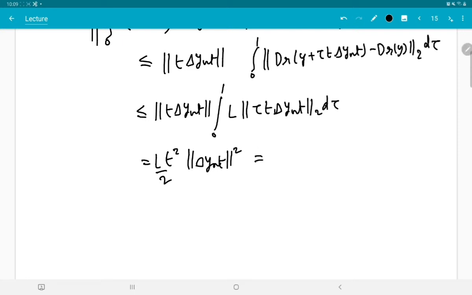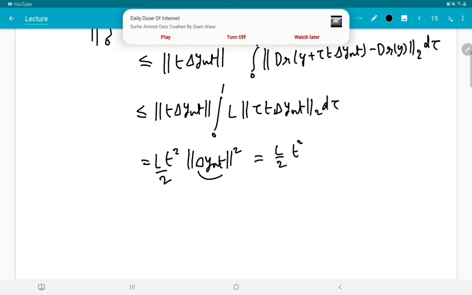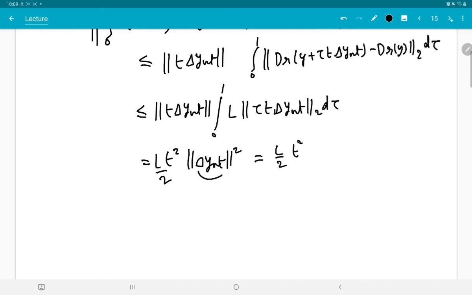And now delta y and t can be written again in terms of d of ry. So this is L by 2 t square norm of dry inverse ry, norm squared.